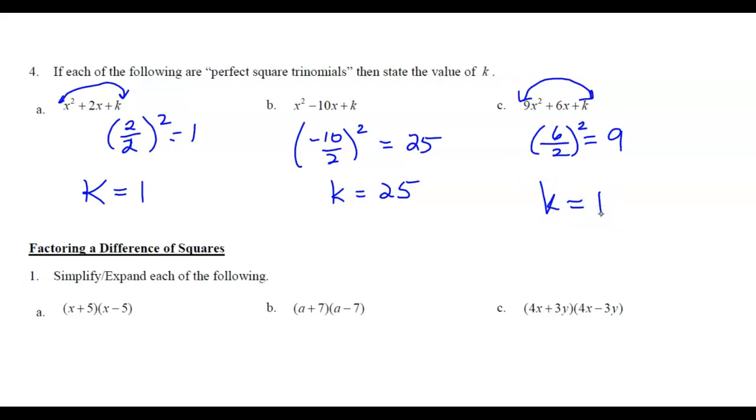Okay. How is k 1 on the last? Because it has to be the product of these two, the coefficient of the x squared and the constant term, times k. It has to be 1 to equal 9. Yes, so this has to equal 9k, so k equals 1.